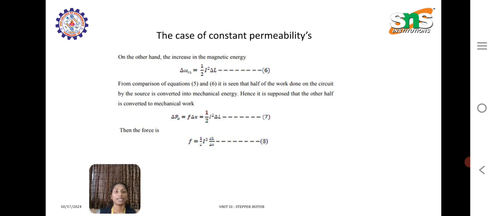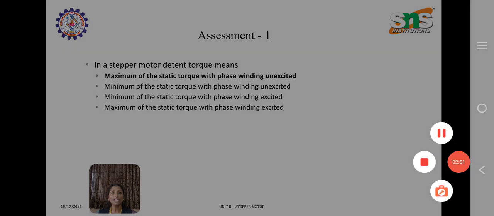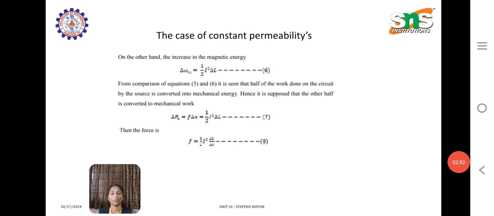So the mechanical work del P naught is equal to F into del x, which is equal to half into I square del L. Then the force F is equal to half I square del L by del x. This gives the equation for force.